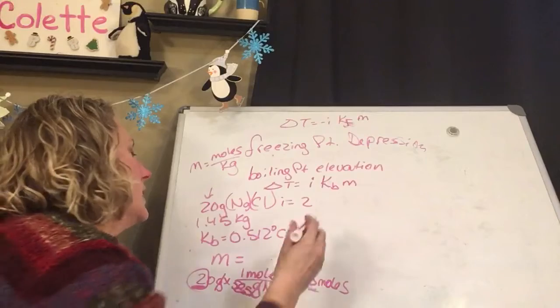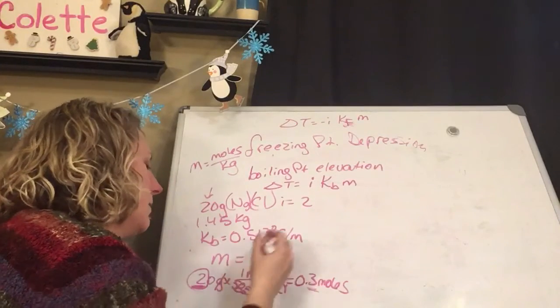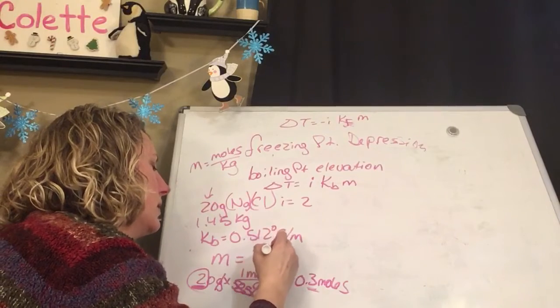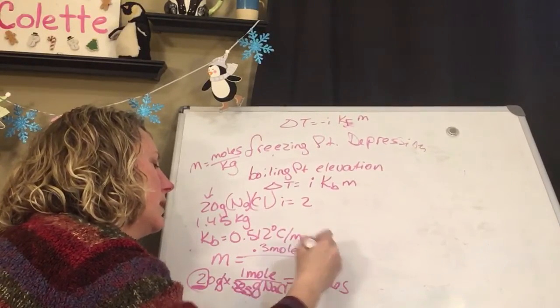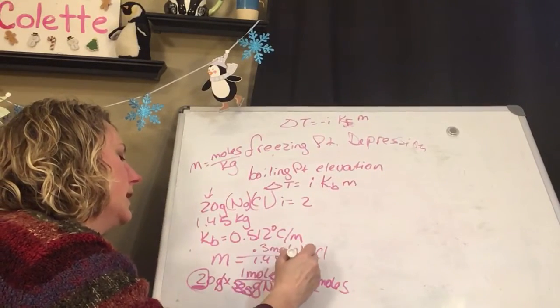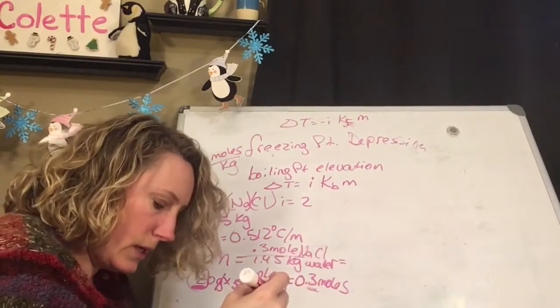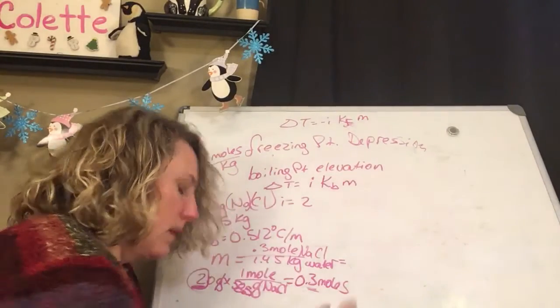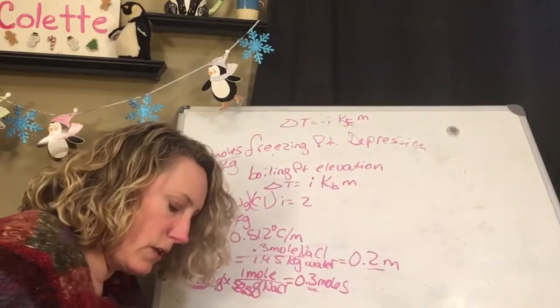So then, to figure out my m, I have to take 0.3 moles of NaCl over my 1.45 kilograms of water. So my m is going to be 0.2. And again, I just have one significant digit.